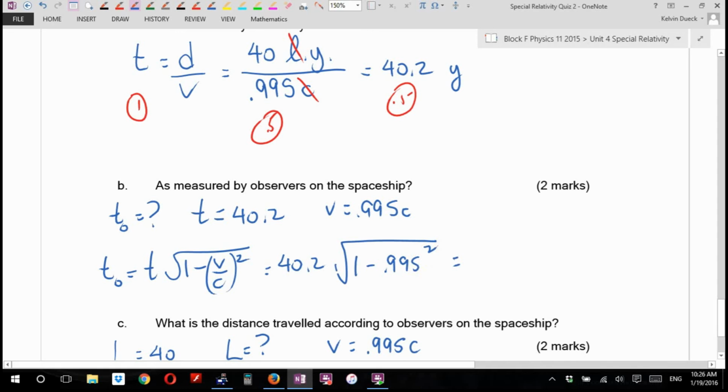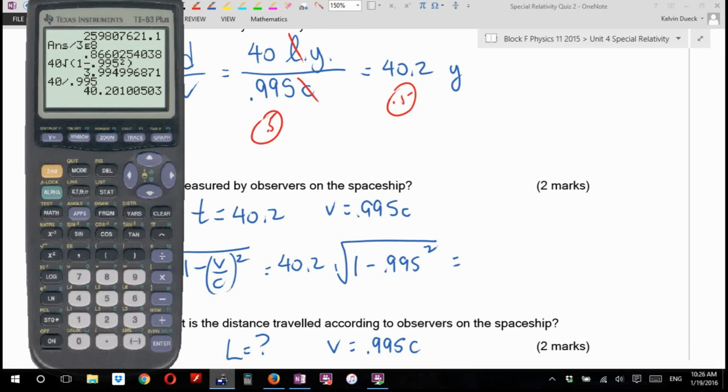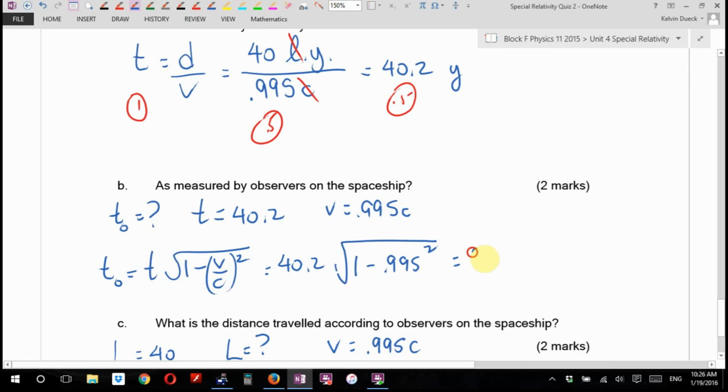Even though on Earth we think 40.2 years have gone by, as far as the astronauts on this spaceship are concerned, square root of 1 minus 0.995 squared. To them, the trip is only 3.995, well, basically 4 years. I'll go 3.995. If you said 4, I'd take that.